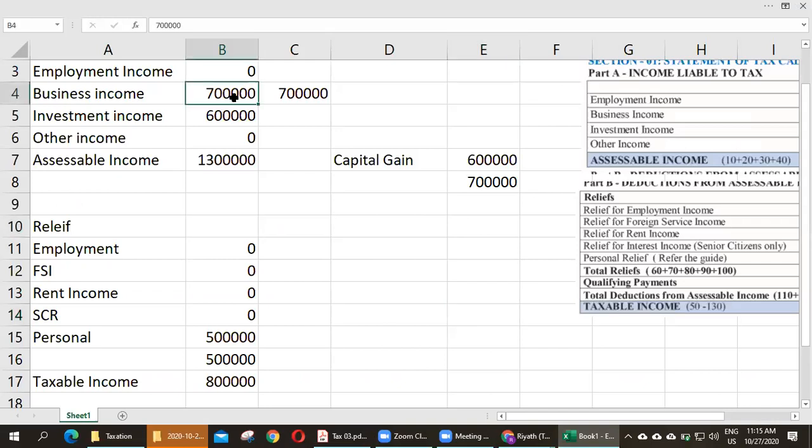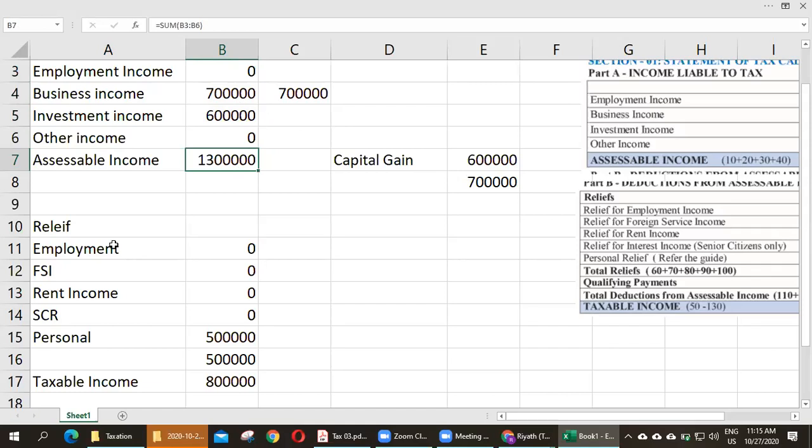Now, business income is 700,000. Investment income is what? 600,000. This investment income consists of one thing: capital gain. Anyhow, total assessable income equals the total of these, 1.3 million.